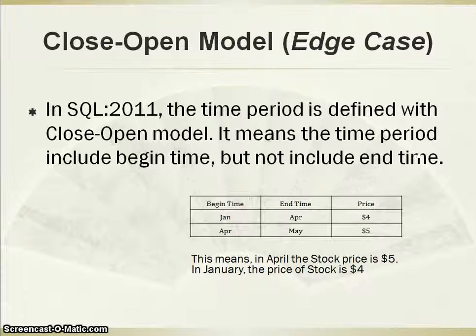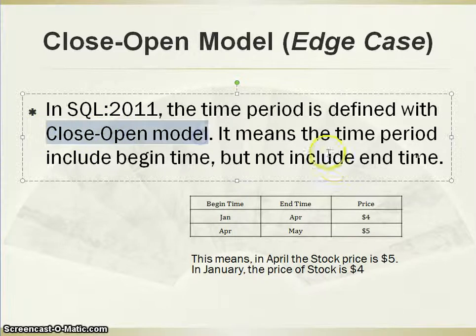First, the edge case. In SQL 2011, the time period is defined with a closed-open model, which means that the time period includes the begin time, but not the end time.